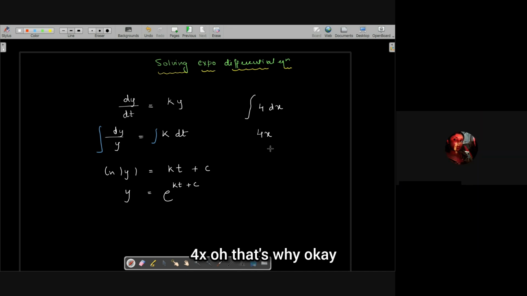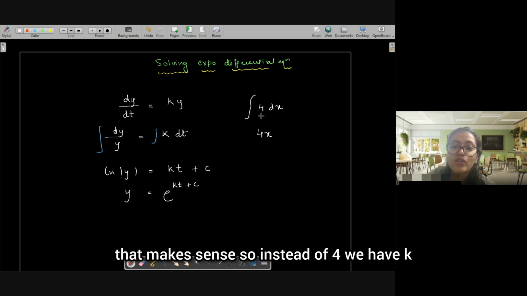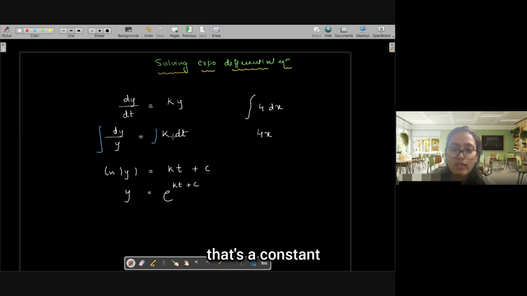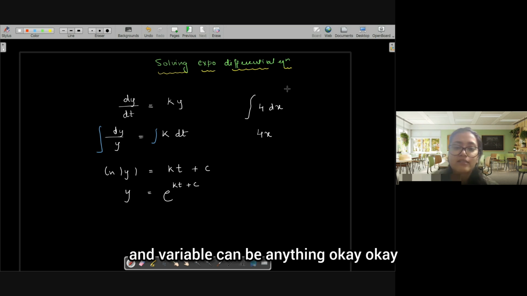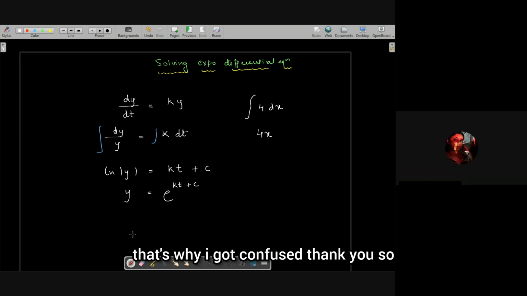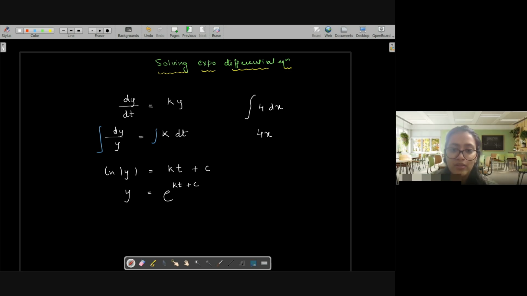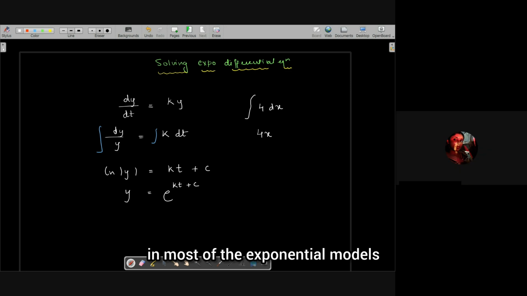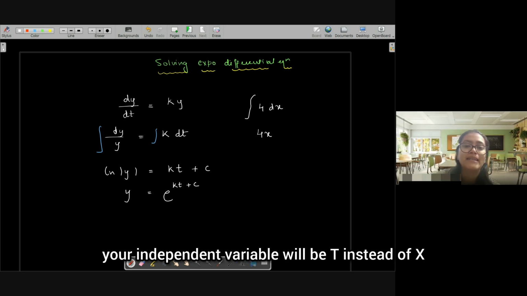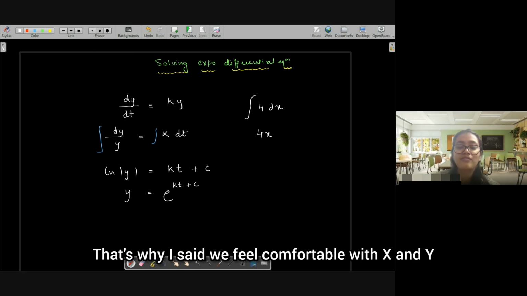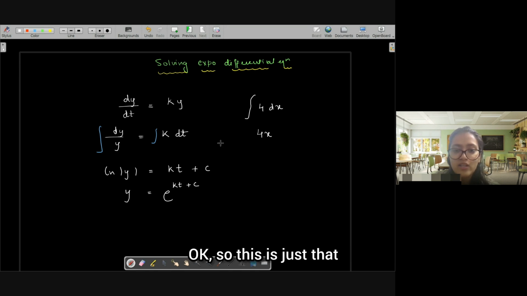That's why. Okay, that makes sense. So instead of 4, we have k, that's a constant, and variable can be anything. That's why I got confused. Thank you. And in these problems, mostly you will have t as your independent variable. In most of the exponential models, your independent variable will be t instead of x. That's why I said we feel comfortable with x and y. So this is just that.